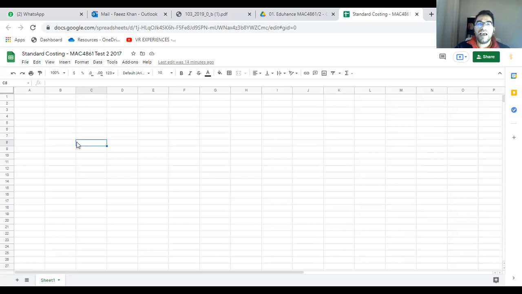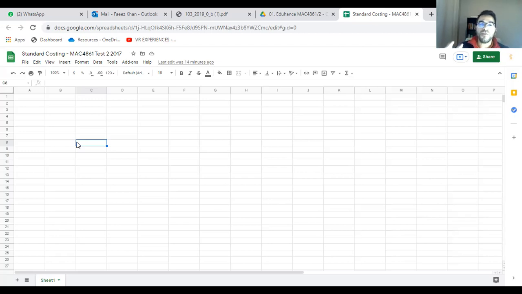Output basis means overheads are allocated based on units produced. Input basis means overheads are allocated based on direct labor hours, machine hours, direct labor costs, direct material costs. So those inputs go into the production process.